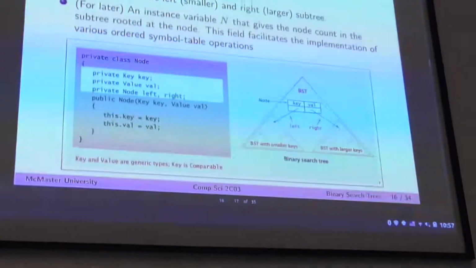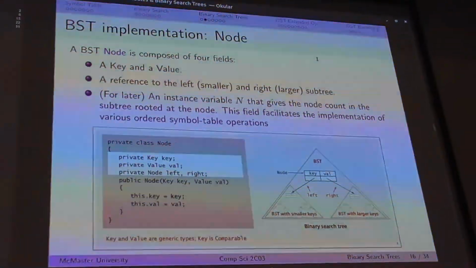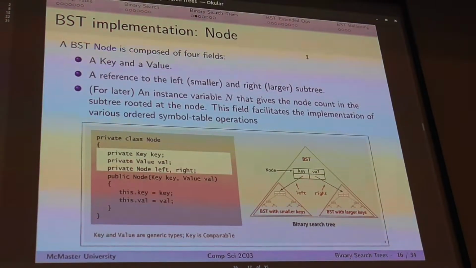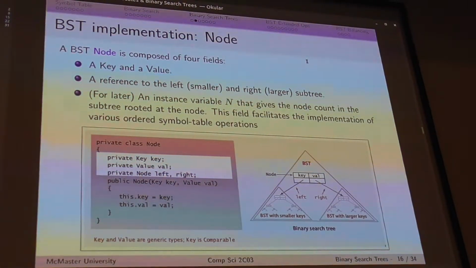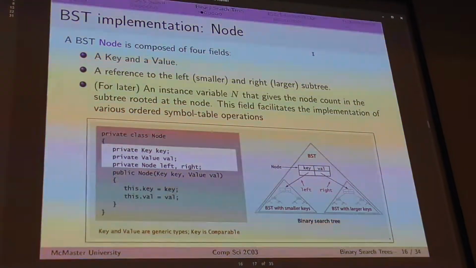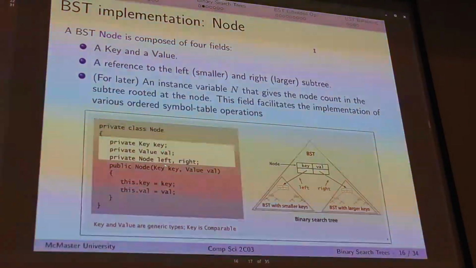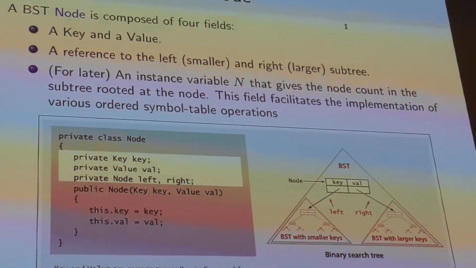Binary search tree nodes generally are composed of, at least if you're mapping it to a symbol table, 4 fields. We'll have a key and a value field. In addition, left and right nodes.